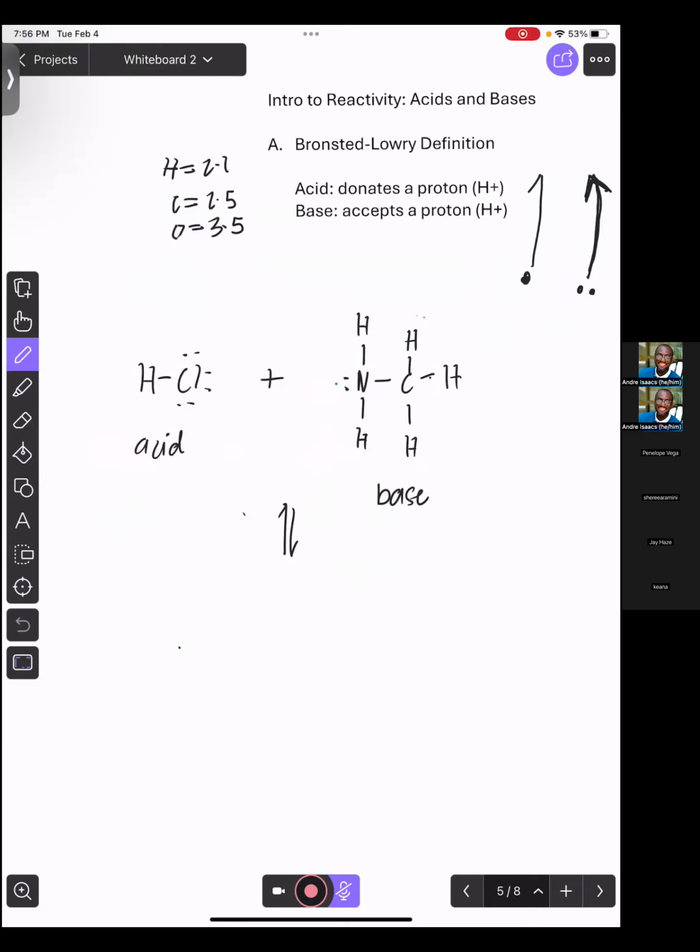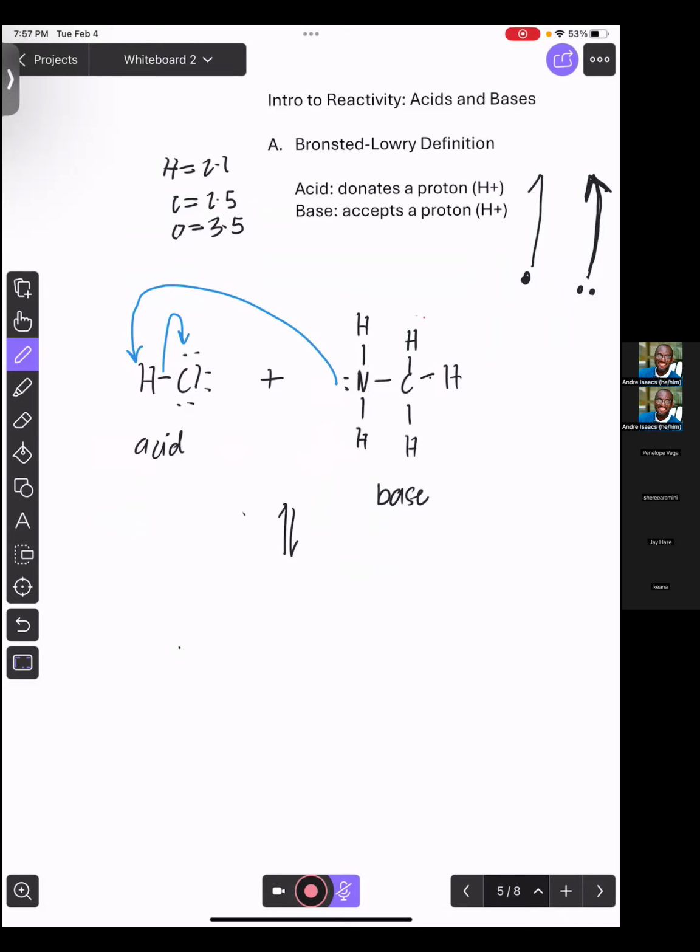So the nitrogen is going to share the electrons with the H. But if the H accepts the electrons, what does it have to do as a result? Give the electrons that it currently has to the Cl. You all get this. You see the pattern, right? This is literally the pattern of an acid-base reaction. Once you've figured it out, it's the same thing over and over again.